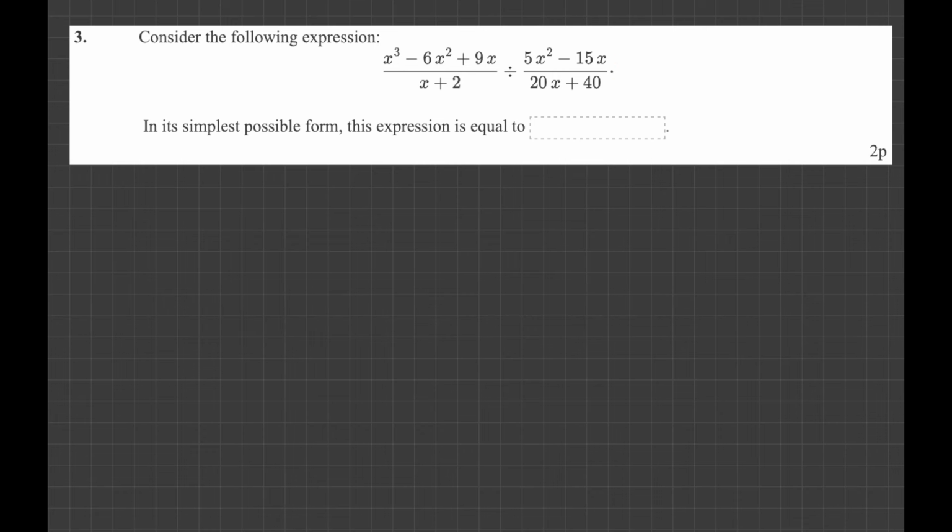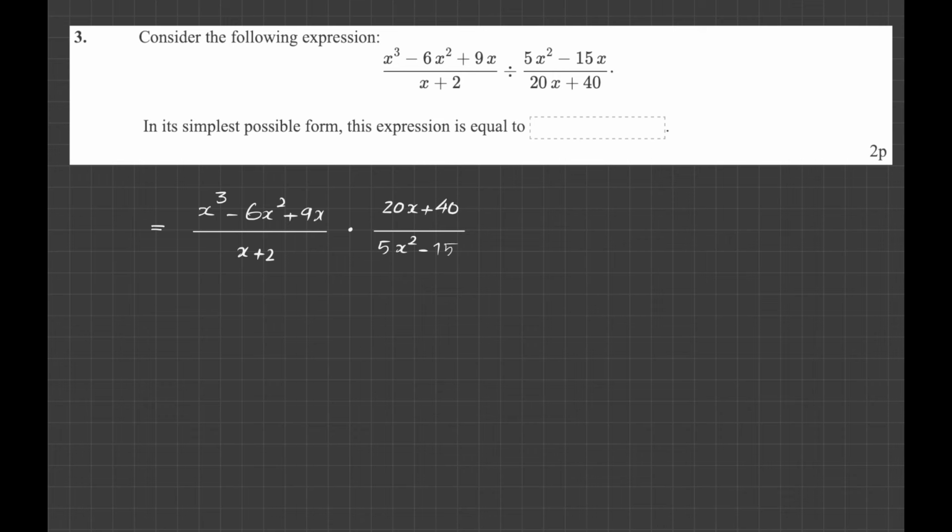Okay, so let me be patient and do it step by step. So what I do, I copy and paste the first fraction as you see there. And then what I do, I change division to multiplication, but then I write the reciprocal of the second rational expression, meaning that I put the denominator in the numerator and put the numerator in the denominator.